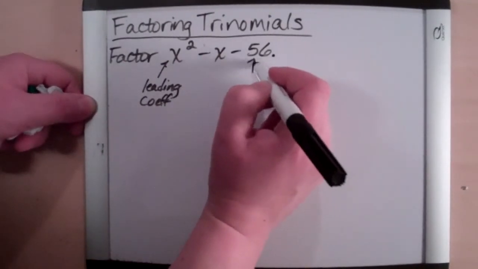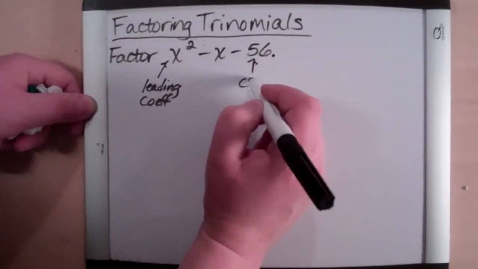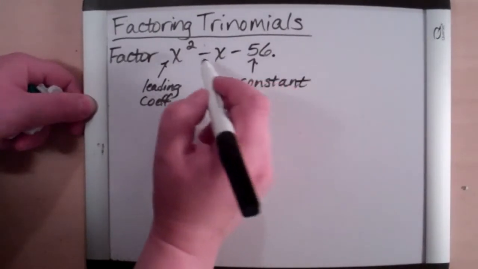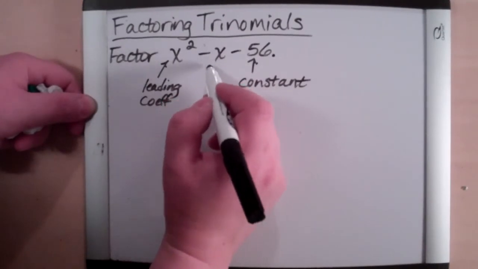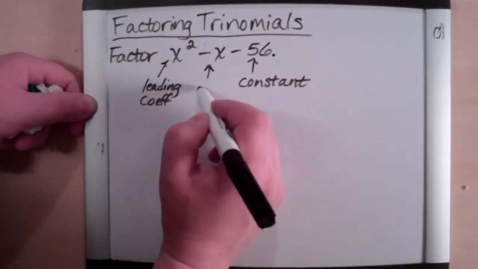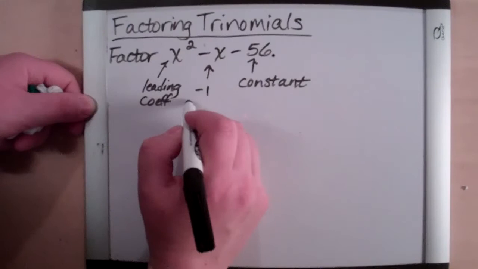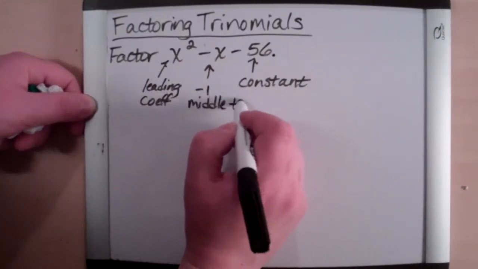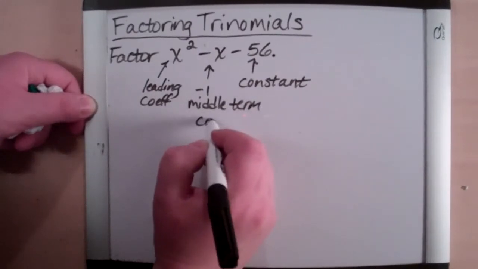The constant is negative 56. And the coefficient on the middle term here is negative 1. That's the middle term coefficient.